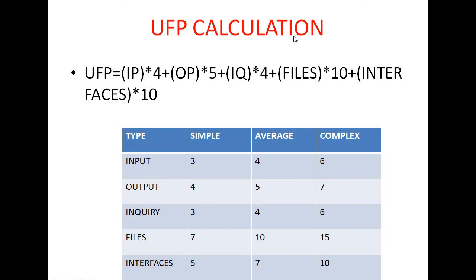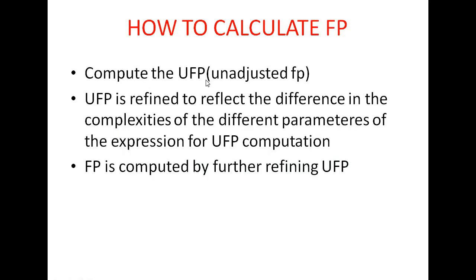You must remember this formula. What is UFP? UFP is equal to number of inputs into 4 plus number of outputs into 5 plus number of inquiries into 4 plus number of files into 10 plus number of interfaces into 10. This is the first point, compute the UFP.